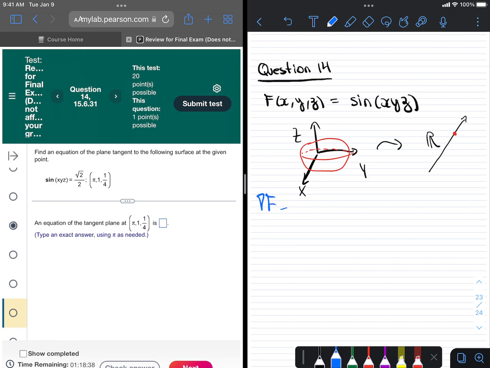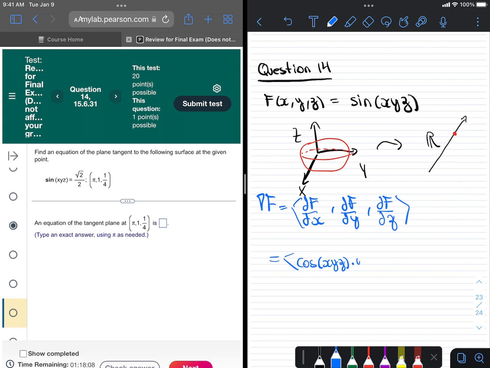Gradient of f is df dx, comma, df dy, df dz. So that is the vector we're calculating. The first derivative is pretty simple. We use the chain rule. So derivative of sine is cosine of the angle times the derivative of the inside by the chain rule. So that is with respect to x.